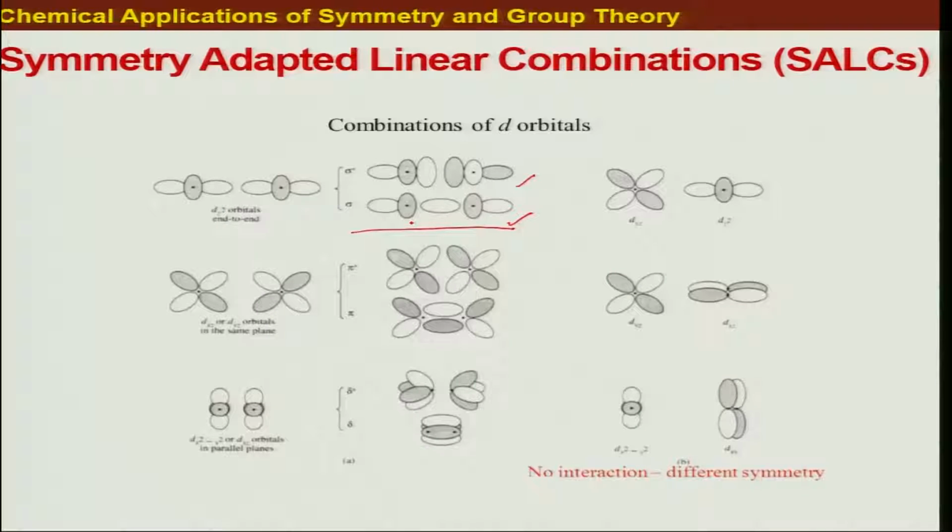Here we have another example where you can take two dxz orbitals, or two dyz orbitals. If you take two dxz orbitals, and suppose this is my dxz plane and this is another dxz orbital in the same plane, they can combine in two different ways, one in this fashion and another in this fashion.